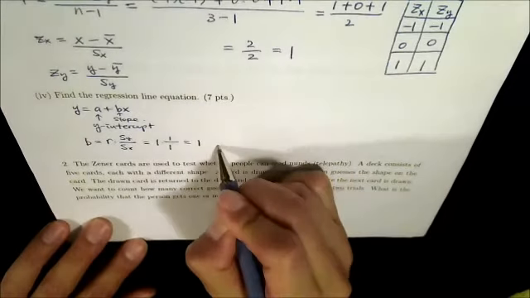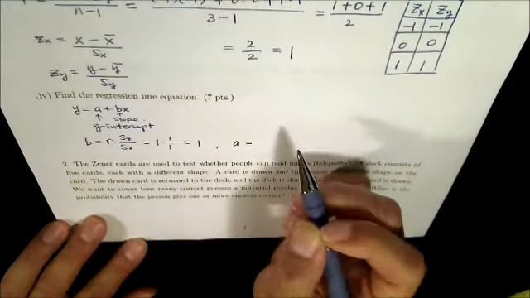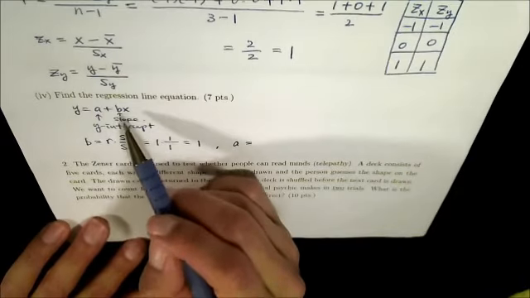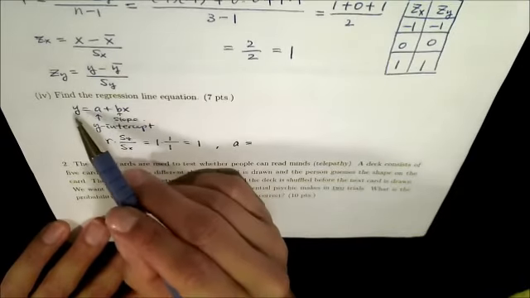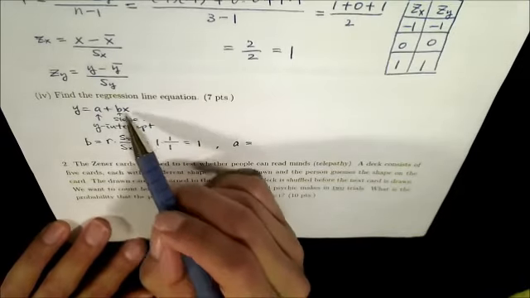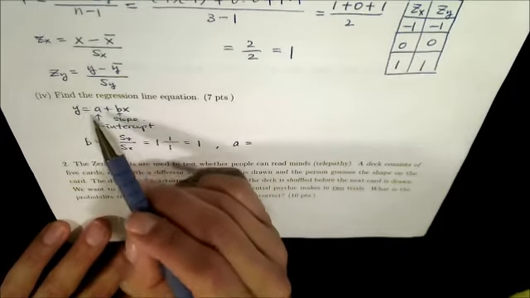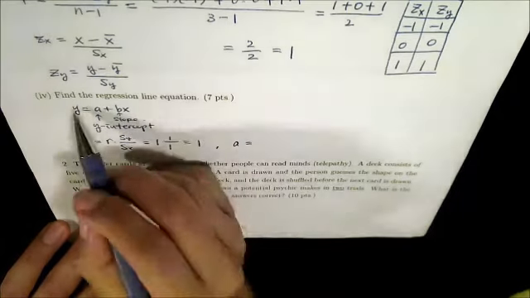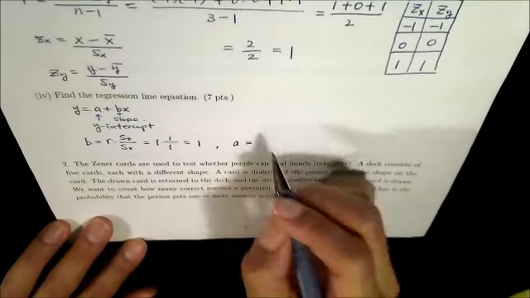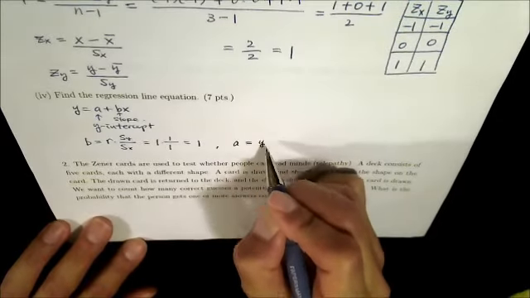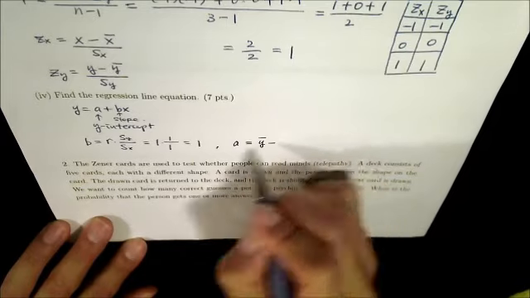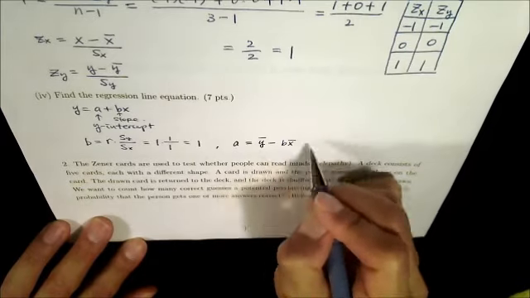And then for a, basically this regression line is passing through the mean x and mean y, meaning that if you plug in x bar and y bar, this equality should hold. So you can find a by plugging in x bar and y bar: y bar minus b x bar.